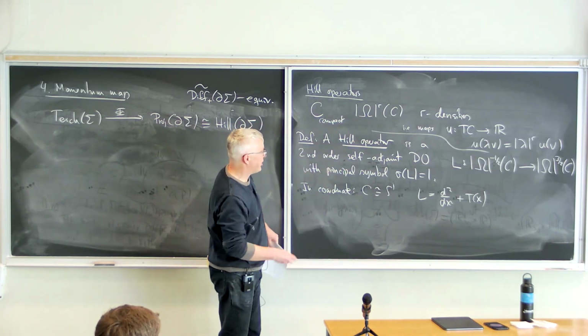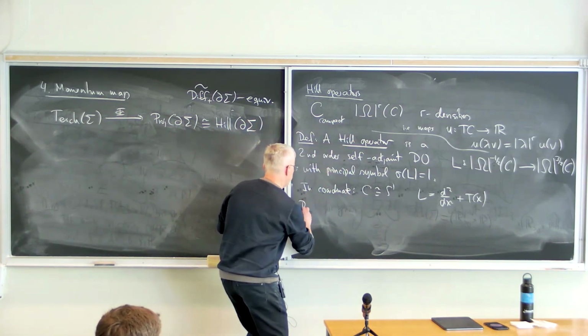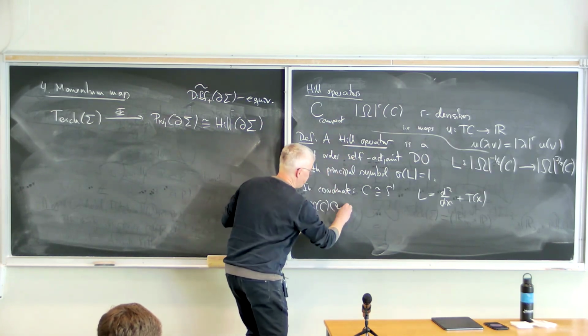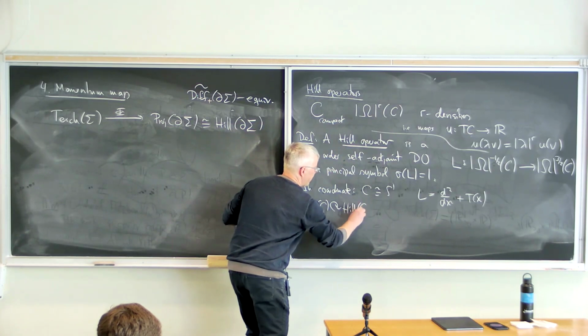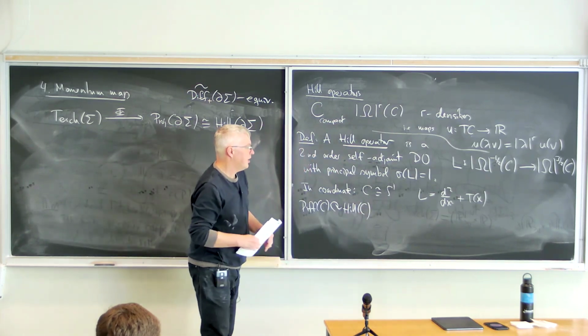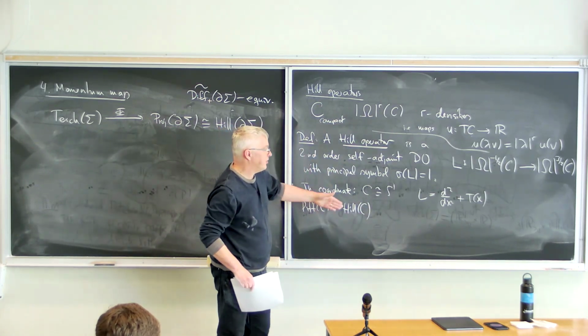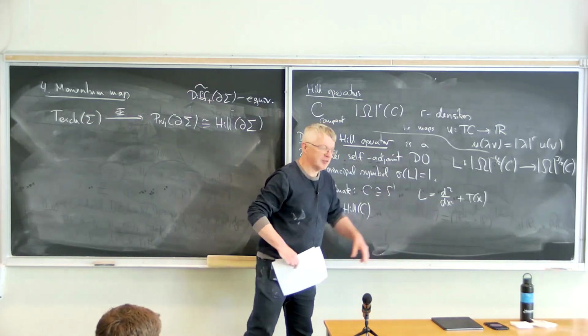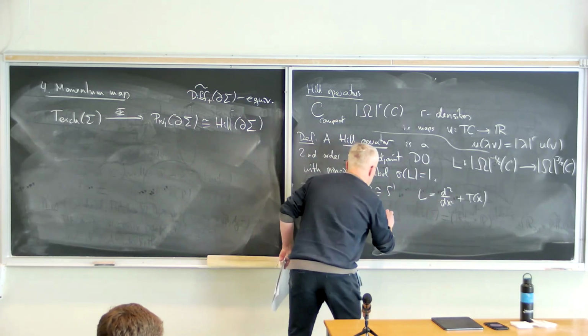Right? There's some action of diffeomorphisms because the definition is coordinate-free. Diffeomorphisms act on the space of Hill operators. And then one can calculate and figure out what it means in coordinates. And yeah, it's actually interesting.